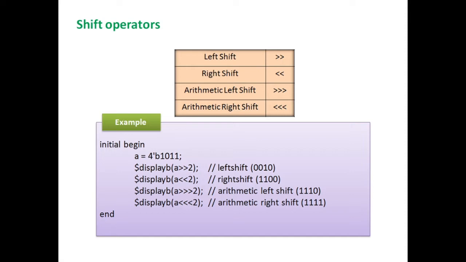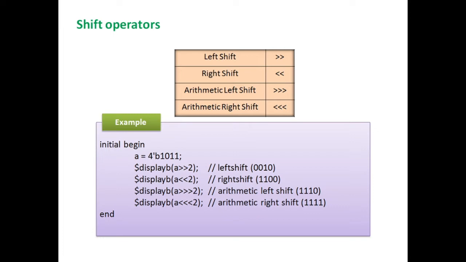The regular shift operators shift a vector operand to the right side or the left side by a specific number of bits as mentioned, like 4-bit binary 1011. So it is a right shift 2 times. First shift, 0 1 0 1, second shift, 0 0 1 0. That means the vacant bit positions are filled with zeros. That is the thing.